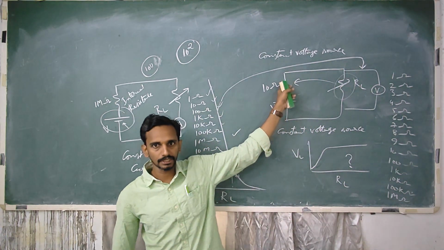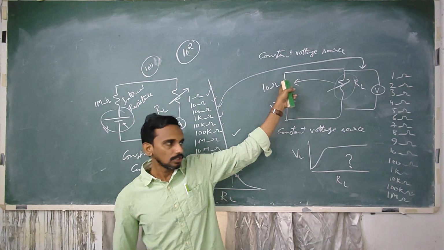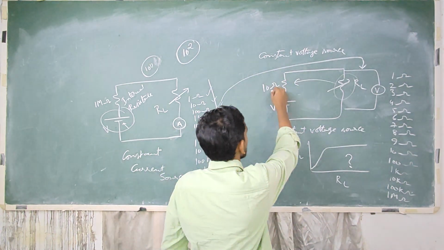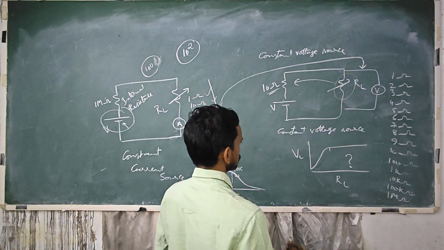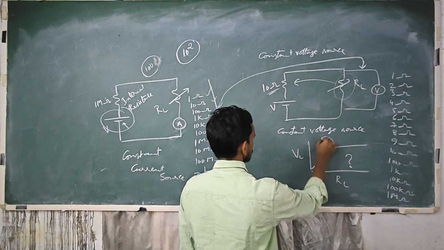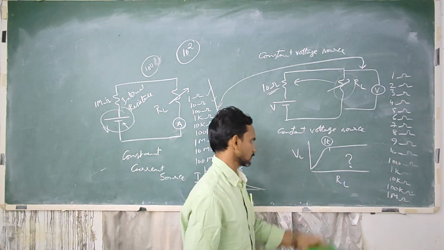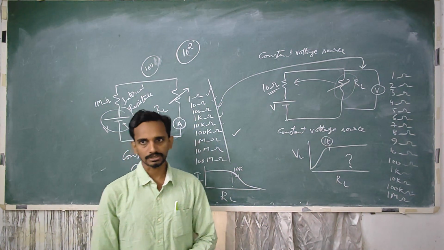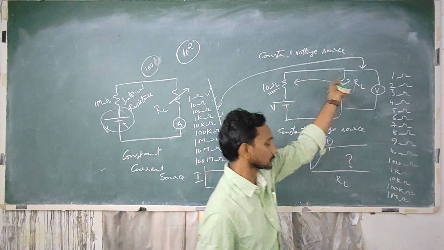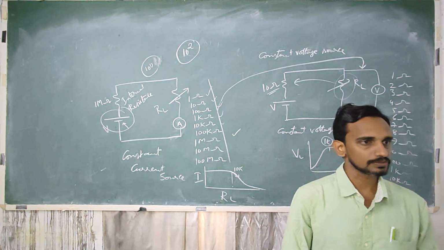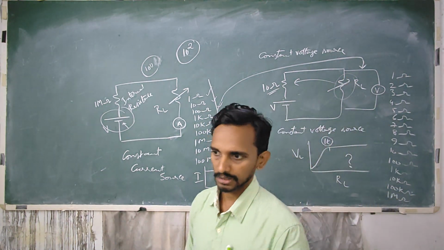Voltage drop will be negligibly small. So if you take this 10 ohms here, maybe after 100 times more than that, maybe after 1k, this value will remain constant. So at least the load resistance value should be 100 times more than the internal resistance of the supply.